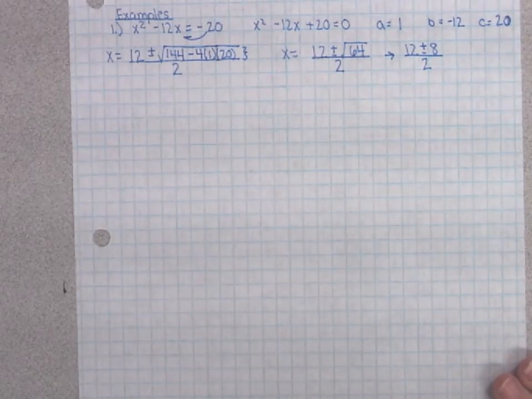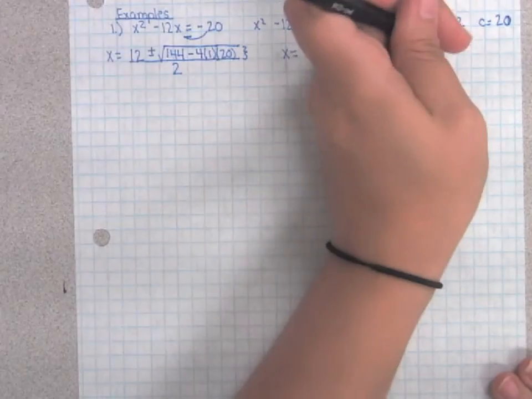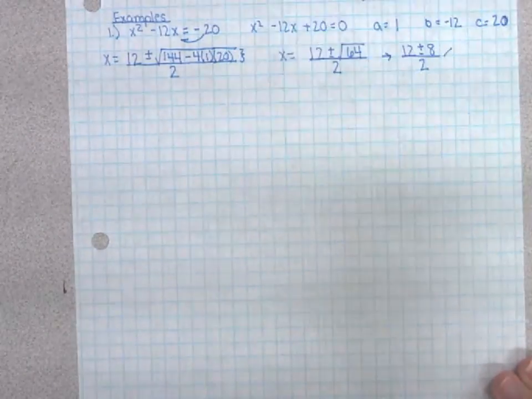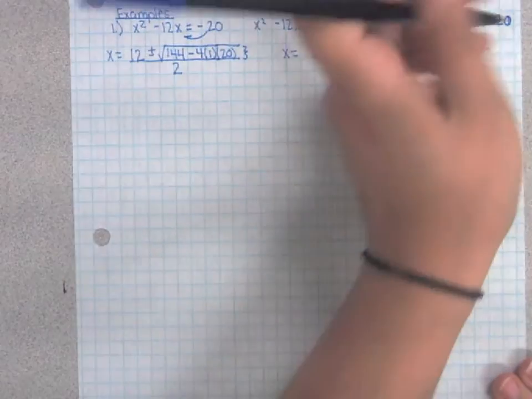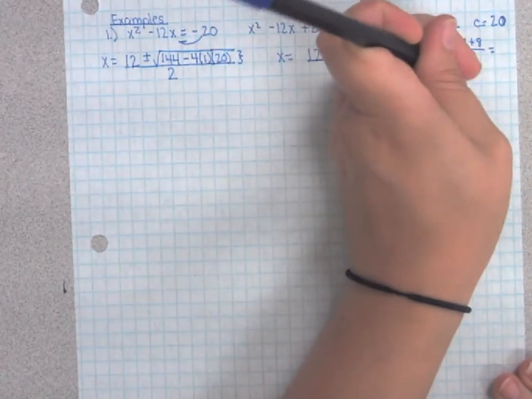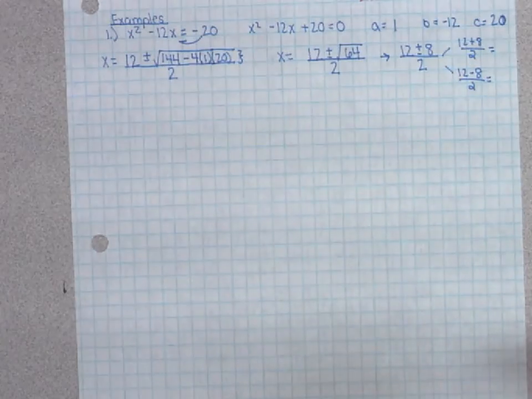Doesn't that mean we have two different numbers, so two different equations? So we have to do 12 plus 8 divided by 2, and find its answer. 12 minus 8 divided by 2. Do the top, enter, then divide by the bottom. Don't try to type it in all at once. So 12 plus 8 divided by 2, answer. 12 minus 8 divided by 2, answer.